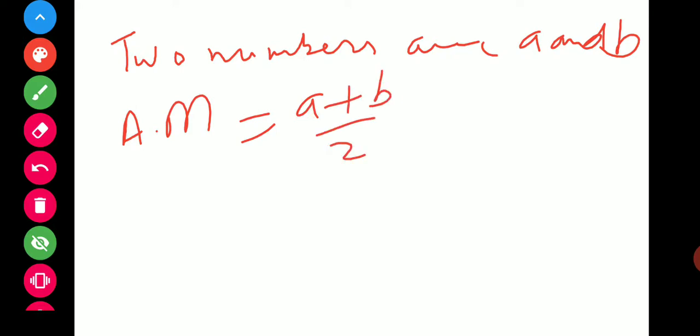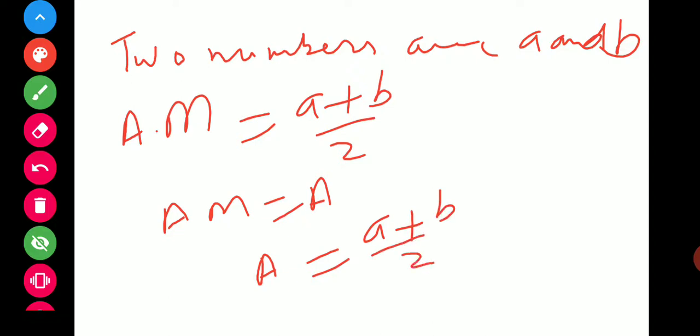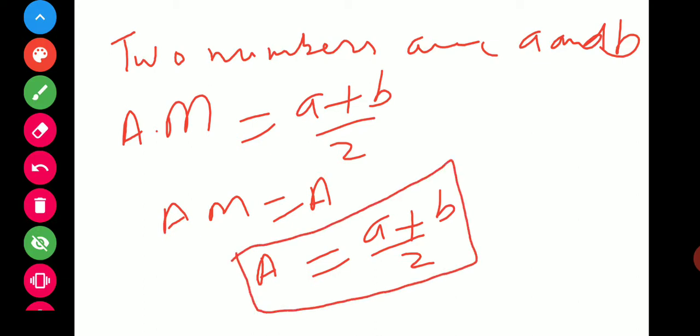In short, arithmetic mean is denoted by capital A only. So A is equal to (A plus B) by 2. You have to remember this formula for this exercise.